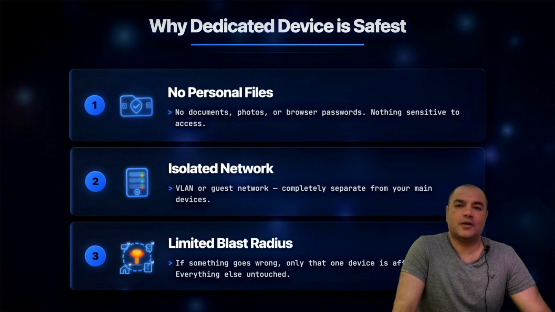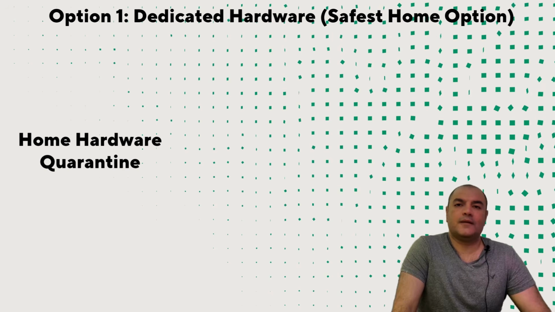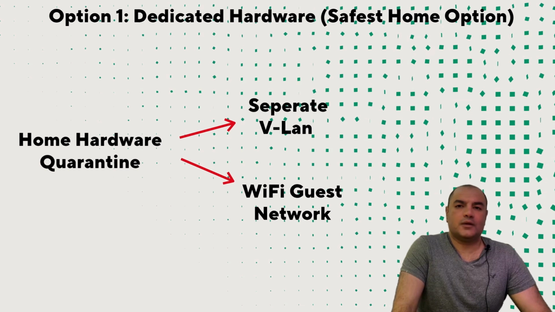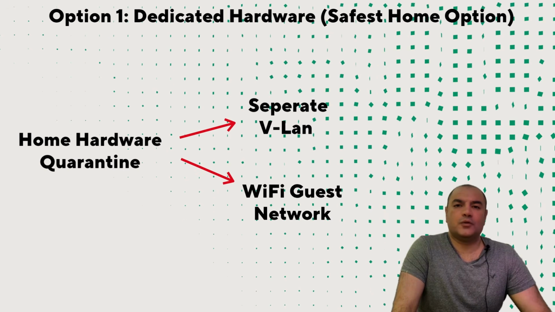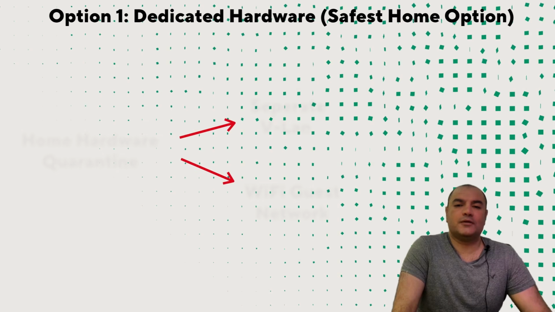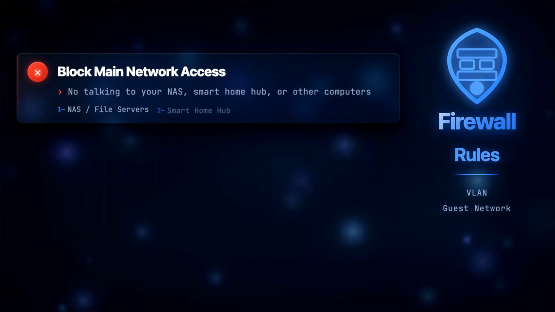Now, if you're going this route, here's how to set up the network properly. Put the device on a separate VLAN or guest network. Most modern routers support this. Unifi, pfSense, even some consumer routers. Block this device from accessing your main network. That means no talking to your NAS, your smart home hub, your other computers.